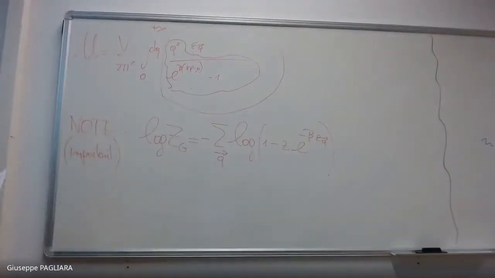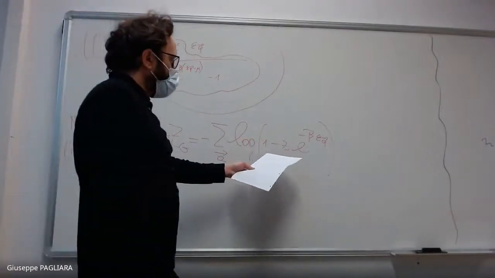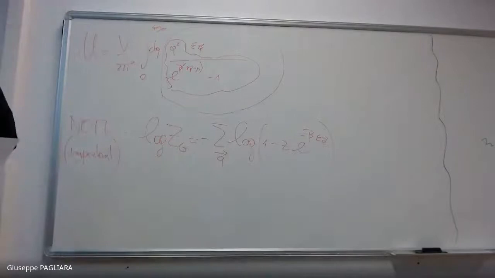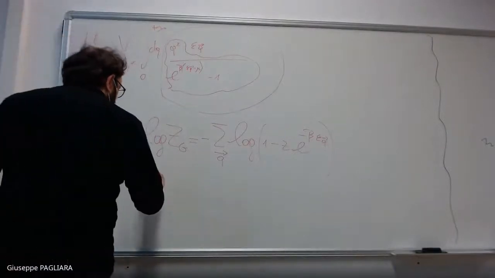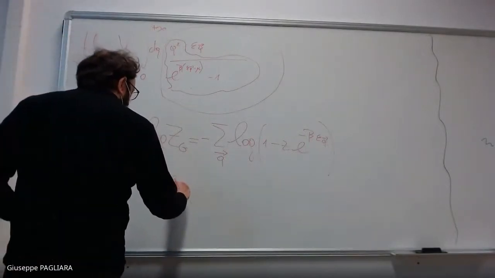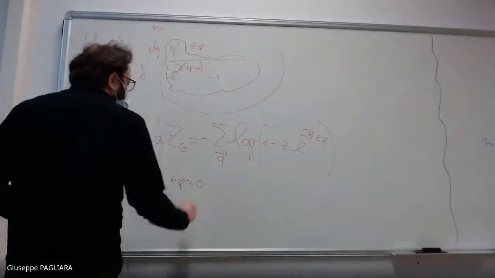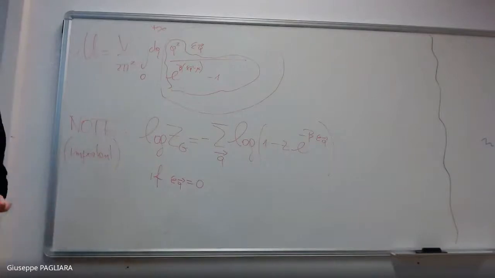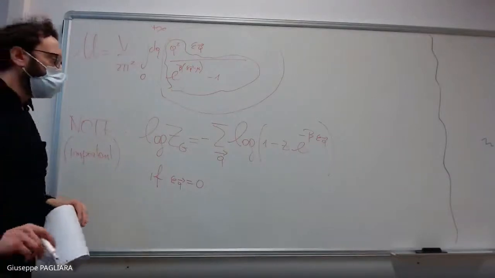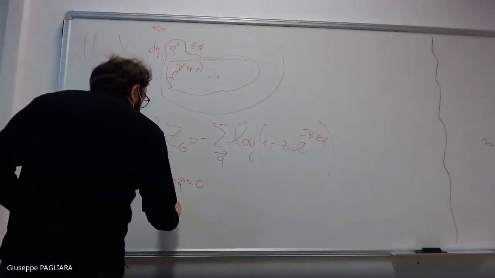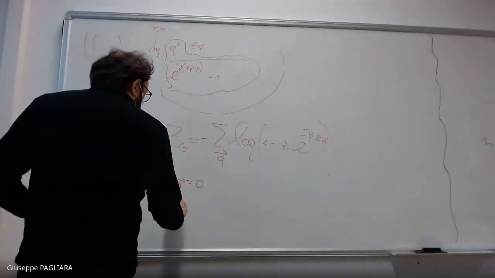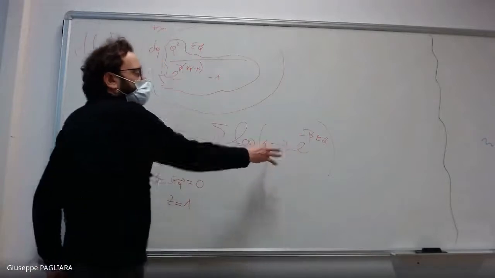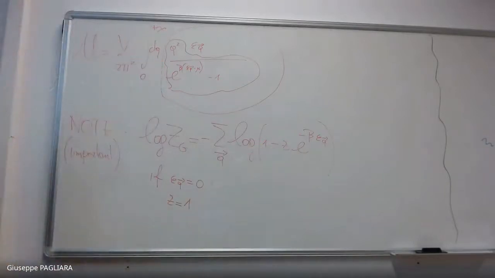Now you see that here this expression could diverge in the case in which epsilon q is equal to 0. So if epsilon q is equal to 0, and this is an honest value for q, which is q equal to 0, and z equal to 1. In this case, the exponential is 1, this is 1, and then I have a logarithmic divergence.